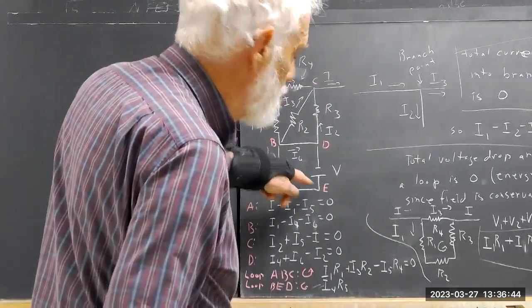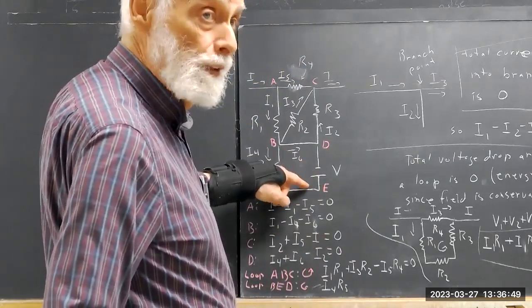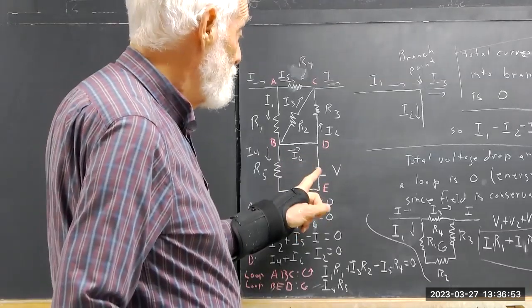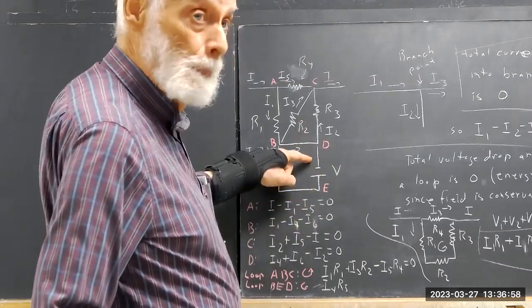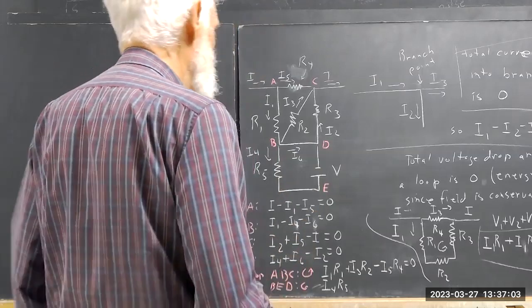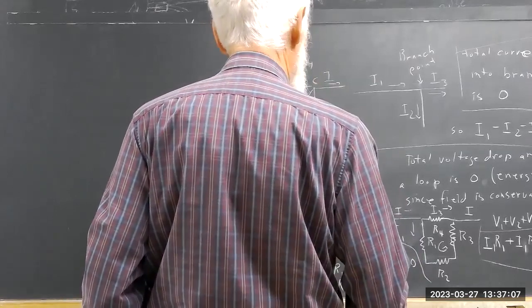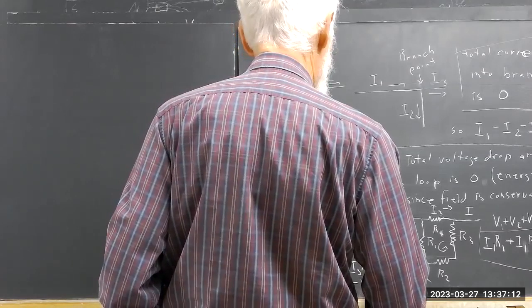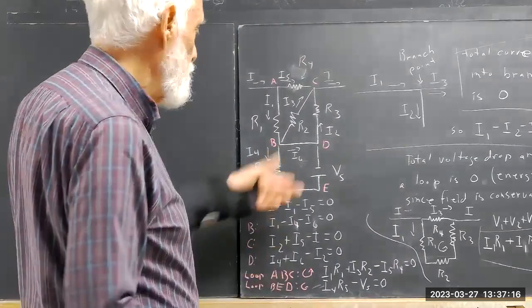And then I've got this source. Well, this is positive and this is negative. Okay. So the voltage doesn't drop, it rises from negative to positive, right? So we have then minus all this V sub S, V sub A. That's this loop.